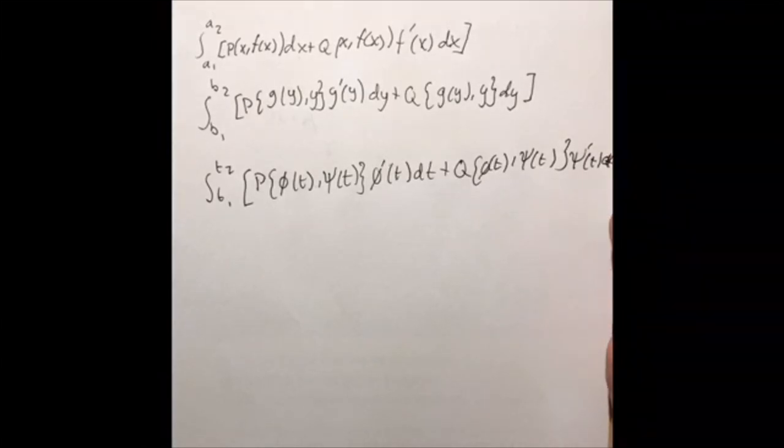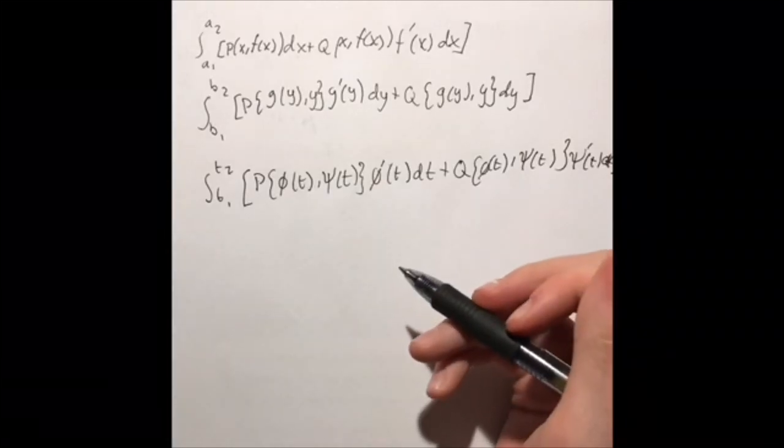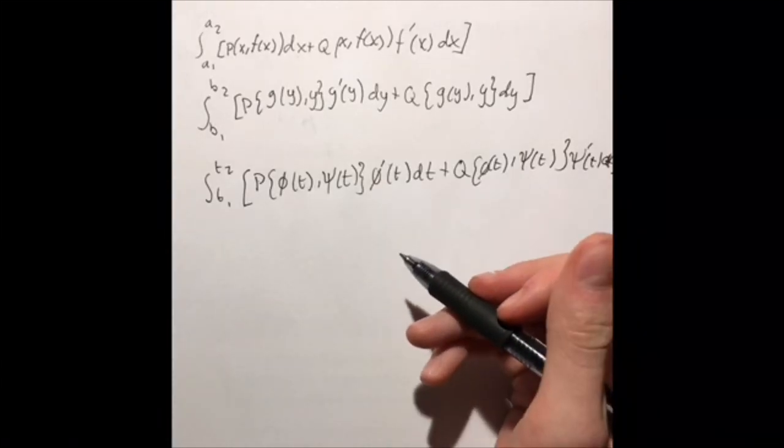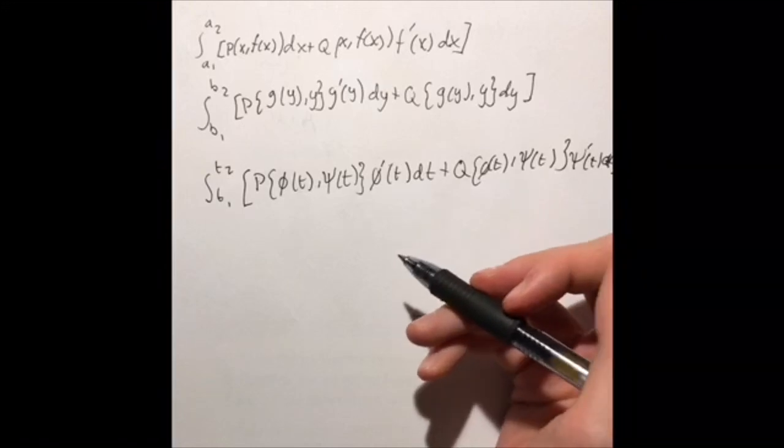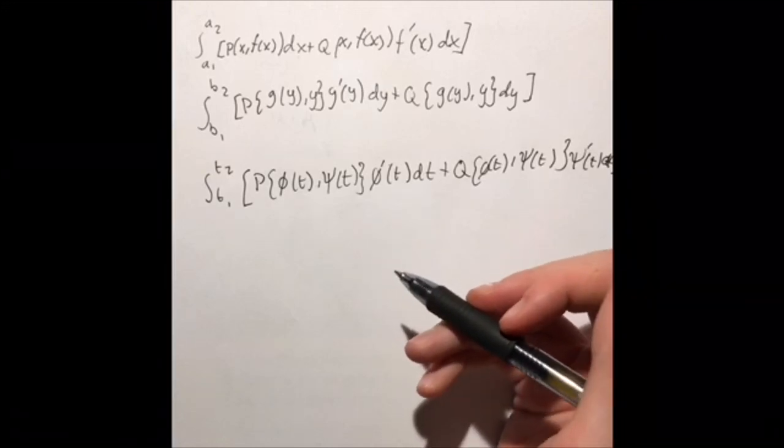It's becoming tight out here. Where t1 and t2 denote the values of t corresponding to points A and B respectively.